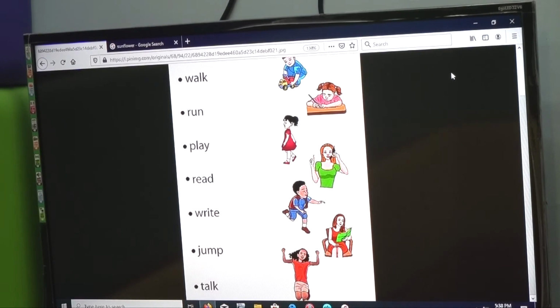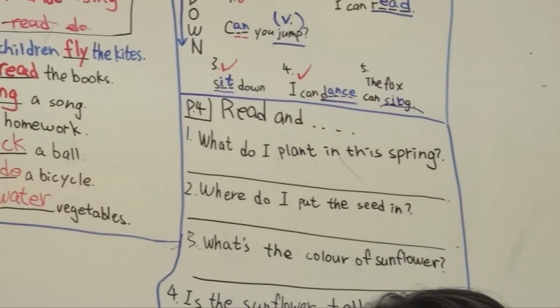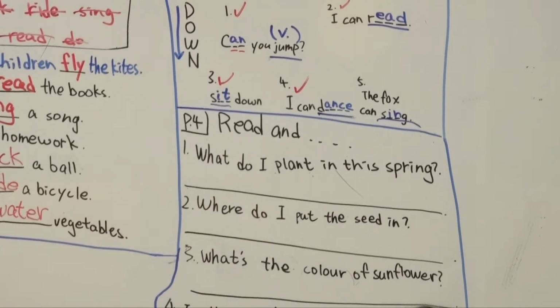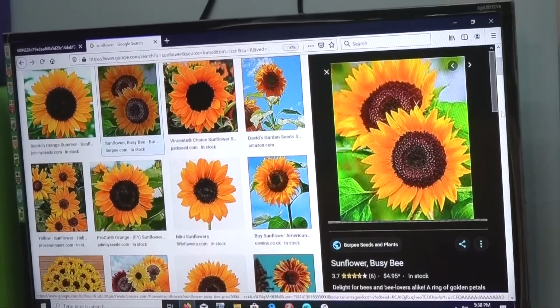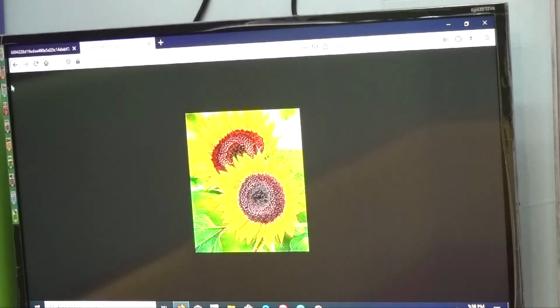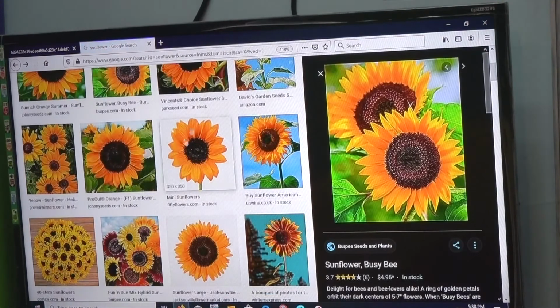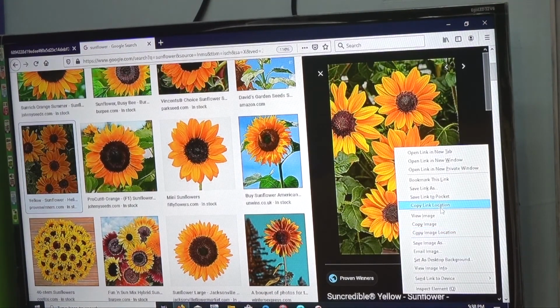Let's turn to page number 4. We have to read and we have to do some classwork as well. So our topic for comprehension today is my sunflower. Do you know how sunflowers look like? Let me show you a clear big picture maybe. I think this is big enough.